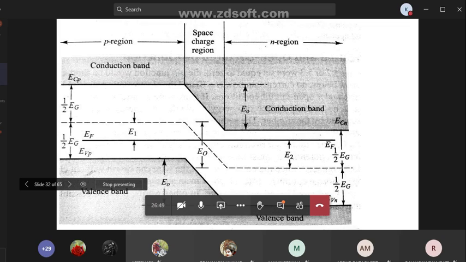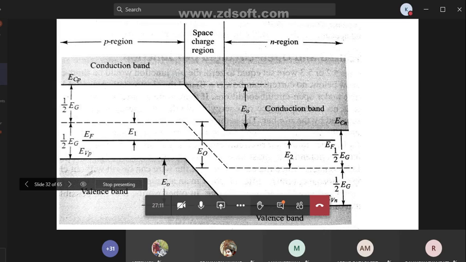From this figure we can write EF minus EVP. This gap, EF minus EVP, equals EG by 2. From this point to this point it is EG by 2.